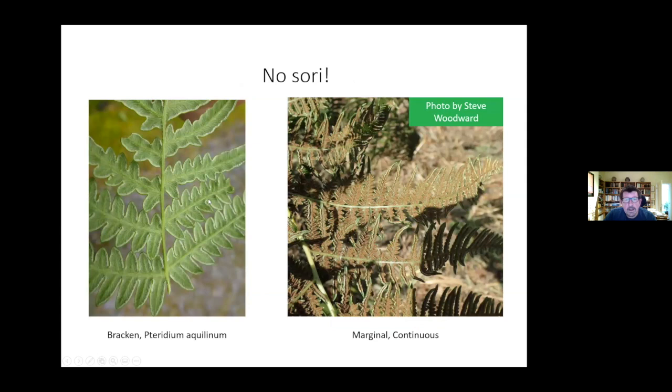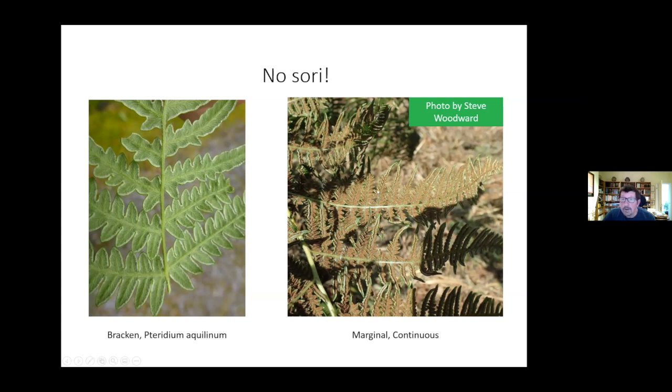Sometimes you might not find any, and one of the commonest ferns we have is bracken. When you turn it over, most of the time you'll see this, which is nothing. It's just the reverse of a leaf blade. Because bracken doesn't spore very much. Not all plants spore, only a few of them, and they spore infrequently. Now, a couple of years ago, when we had the very hot summer, they decided to spore, and the underside looks like this.